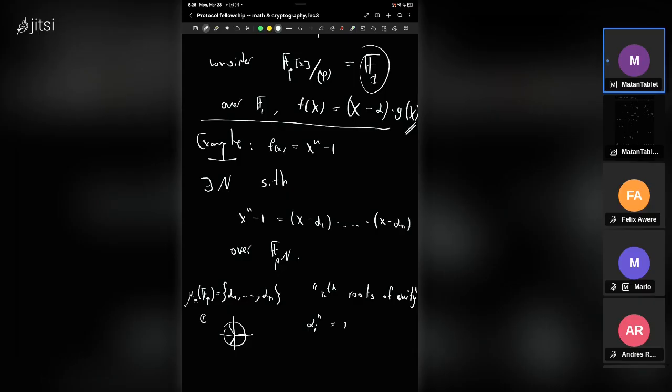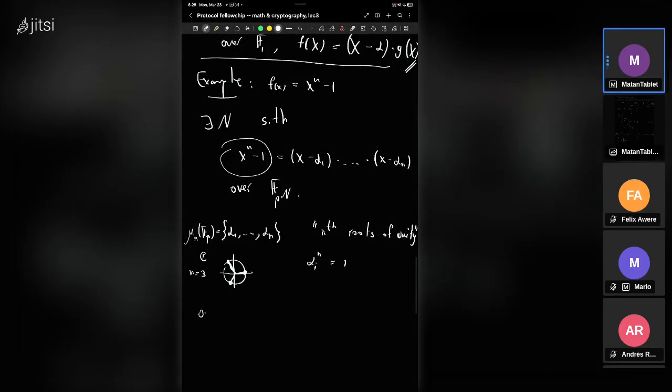And each of these points on the unit circle will be a root of unity. This is n equals 3. But what we did allows us to do it over prime fields. So I take a prime field, and now I can extend it into some field in which all the roots of the polynomial x to the n minus 1 exist.